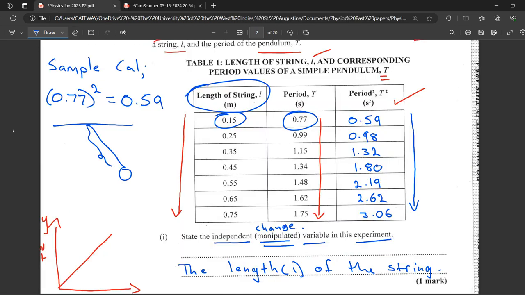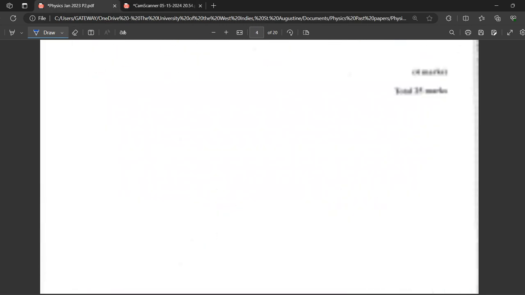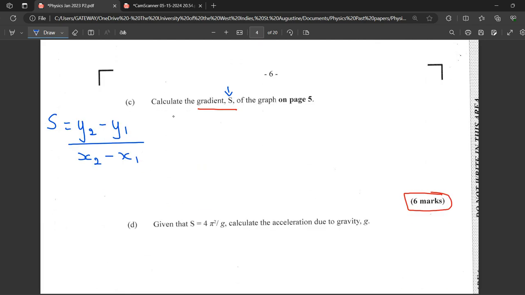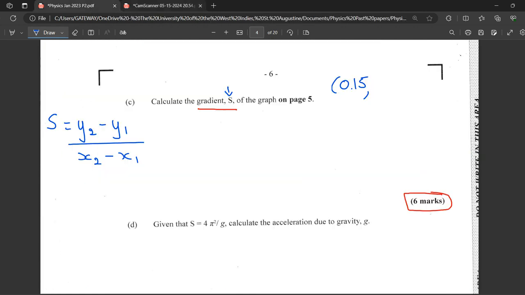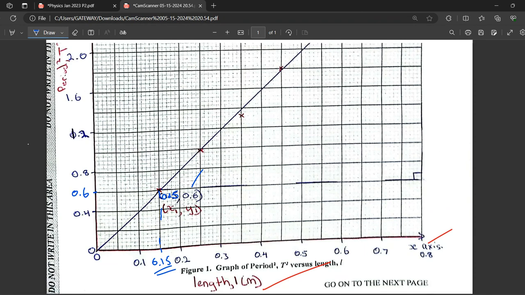So I'm gonna write down that point there one time. The first point would be 0.15, comma, the y1 was 0.6, where we come across here, 0.6. And the other point would be coming up here.